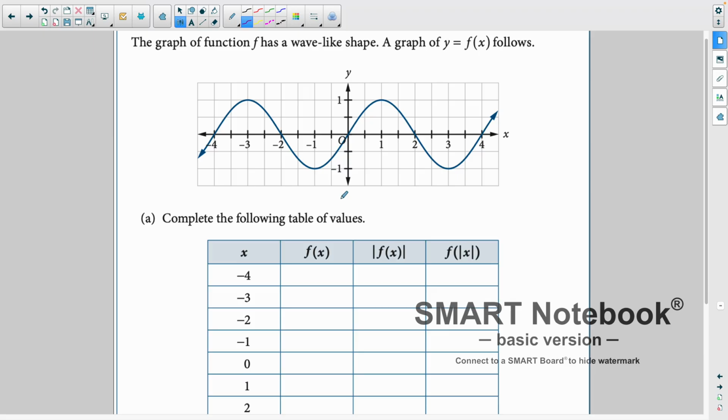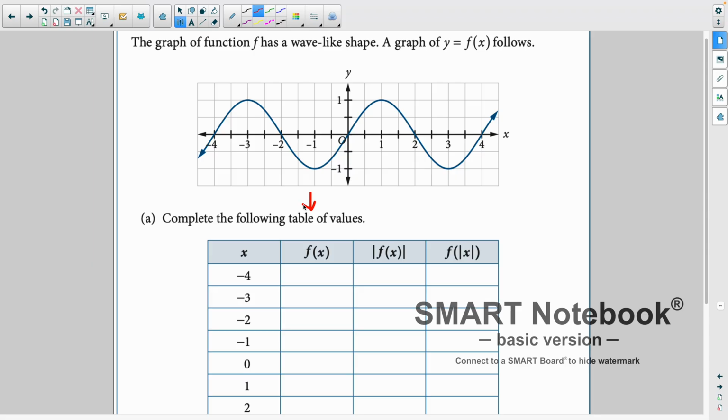Now, a couple little things here. All right. So I've given you this wave-like shape of a graph. We're going to say that that's f of x. Okay? So the first thing I'd like for you to do is go find me the second column. Go find f of x.